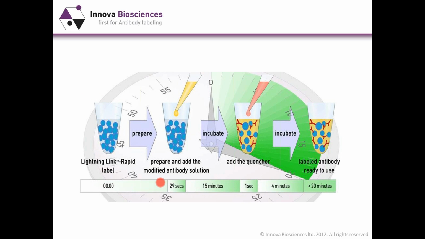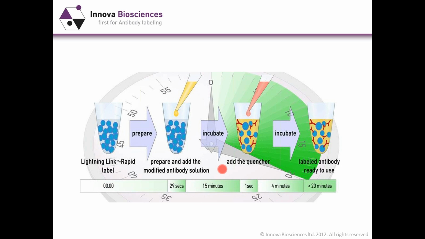In a diagrammatic form, you can see the steps here. This is your Lightning-Link vial that is available within the kit, and we'll assume that the blue here is your fluorescent dye that you want to label your antibody with. You take your antibody, you add a modifier solution very quickly, and then add that to your Lightning-Link vial.